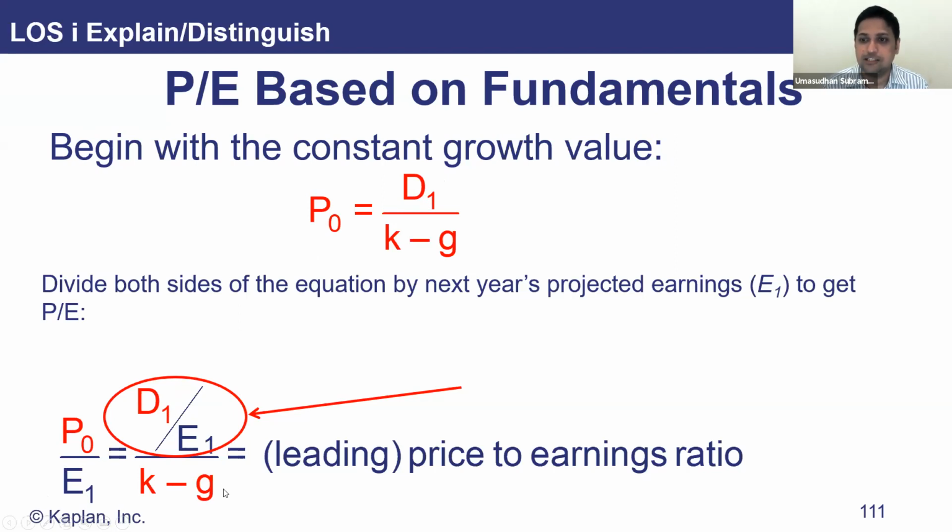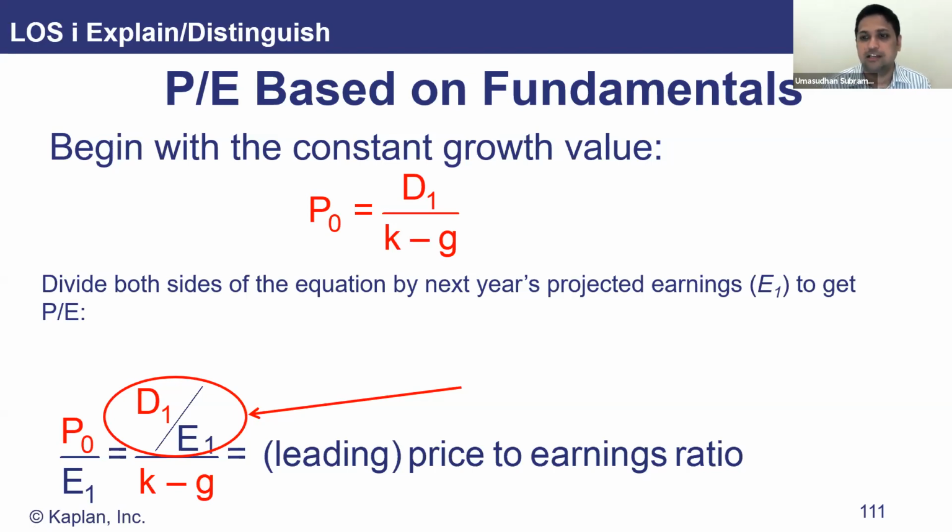So now I have a question for you. What do you think this particular circle means? D1 divided by E1. How do we usually call that? Is there any specific name used for that? That's exactly right.